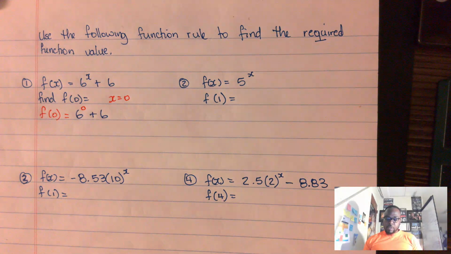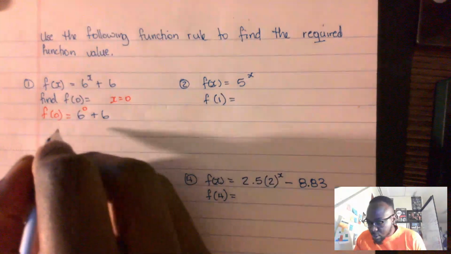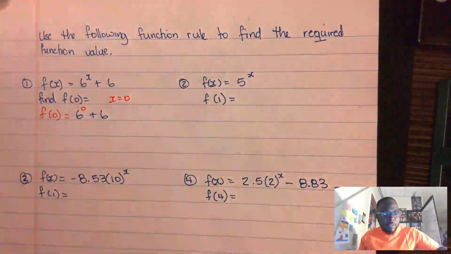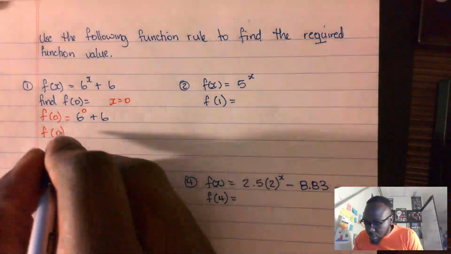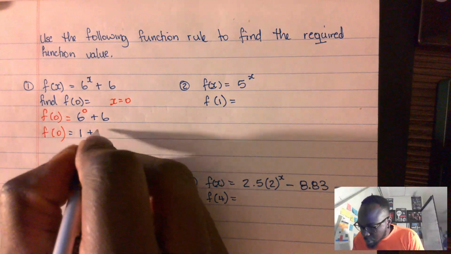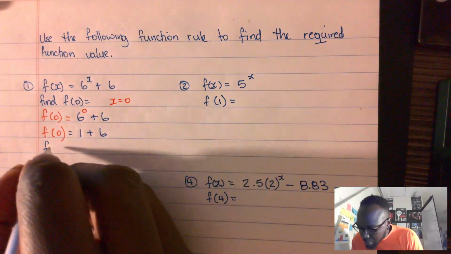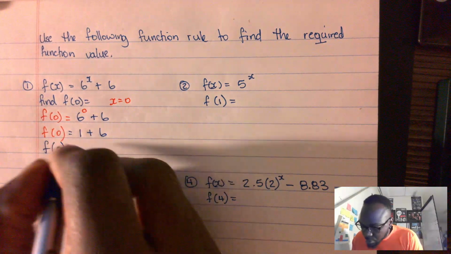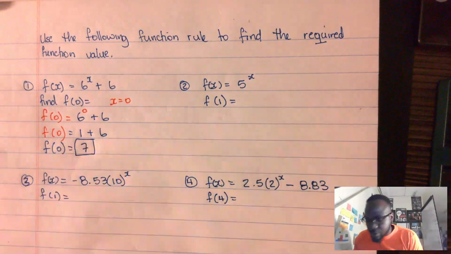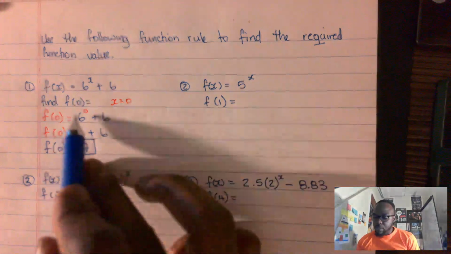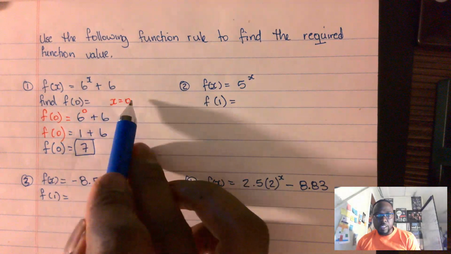So f of 0 is equal to 1 plus 6, so f of 0 is equal to 7. Boom, that's your answer there. So it's simple. Wherever you see the value of x, you're going to replace it with 0.